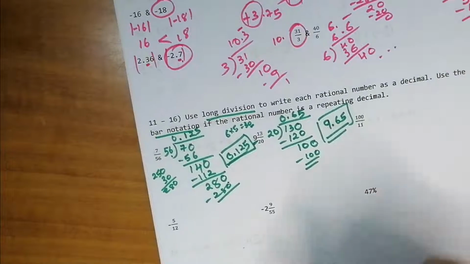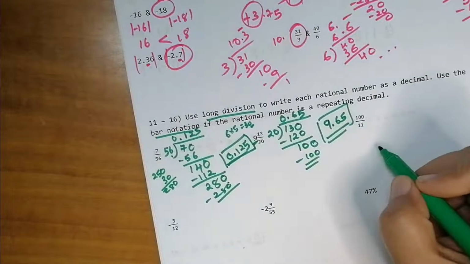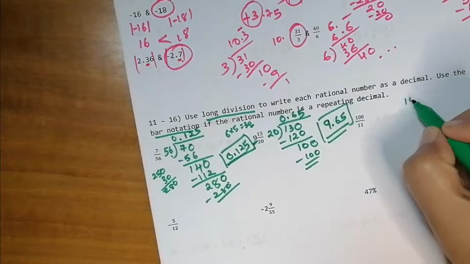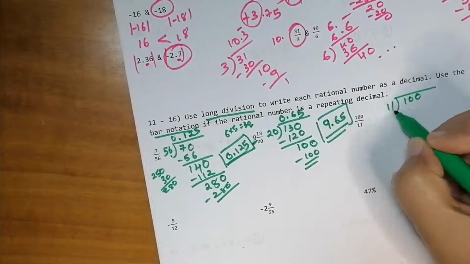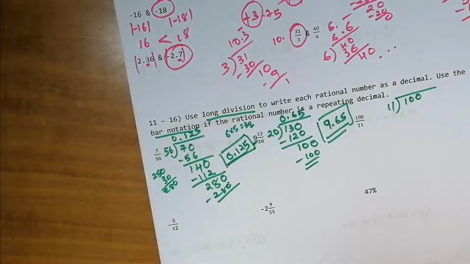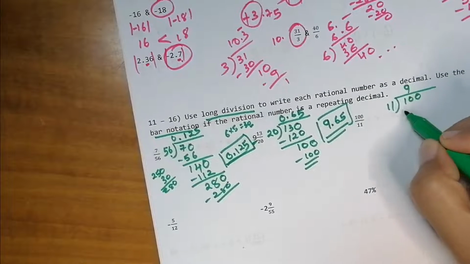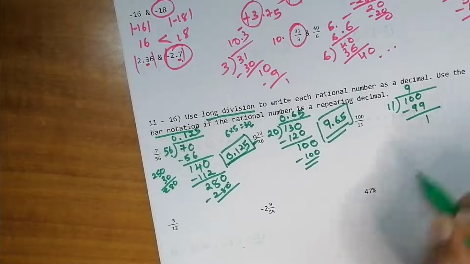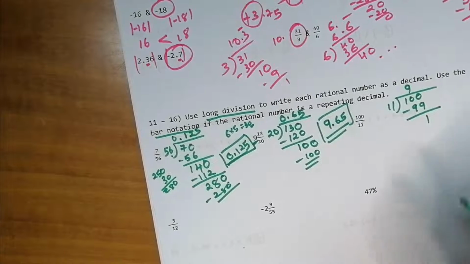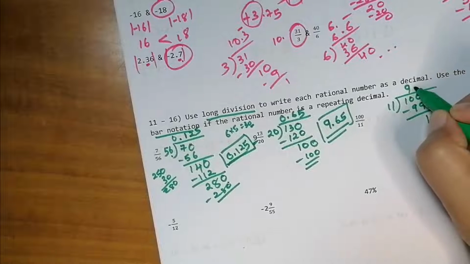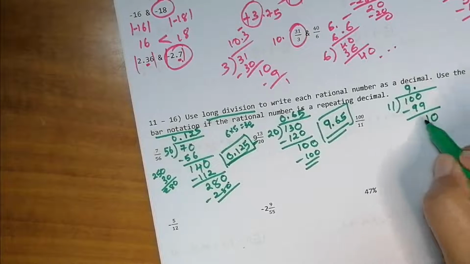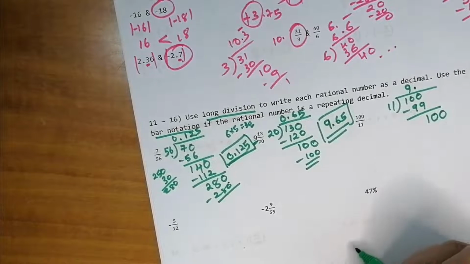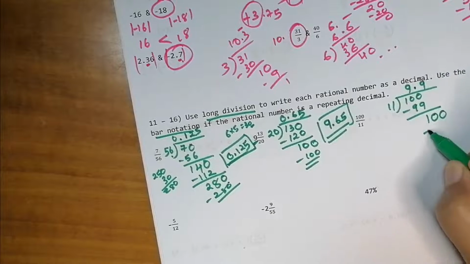Okay? And finally, 100 divided by 11. So here we go, 100, 11. This is also easier. The table of 11 is very easy, right? So 11 times 9 gives us 99. Remainder is 1, right? We put 0 now and a decimal here. Not doable. We put a 0 again, a 9 here.